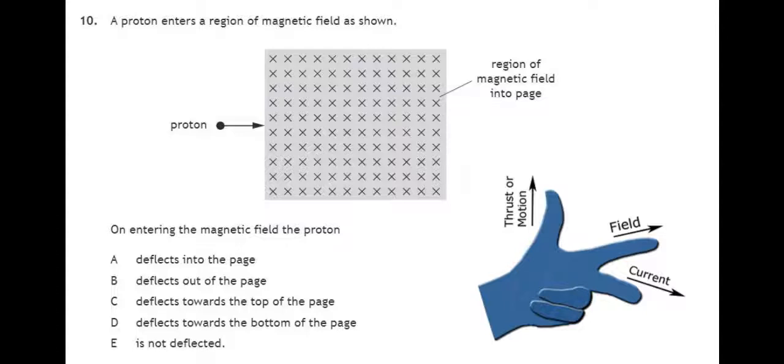My thumb, which is the thrust or motion or force, however you want to think of it, is going to be pointing upwards. Therefore, the answer is C, deflects towards the top of the page.